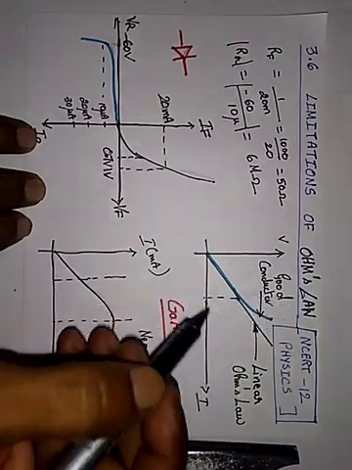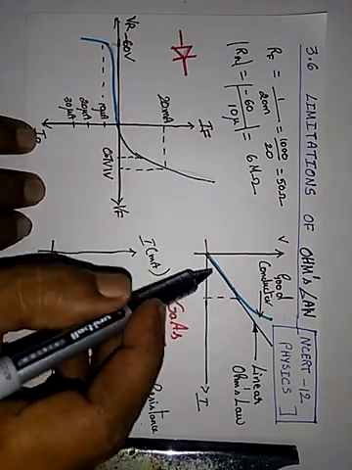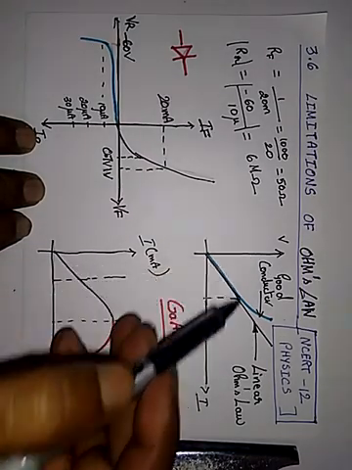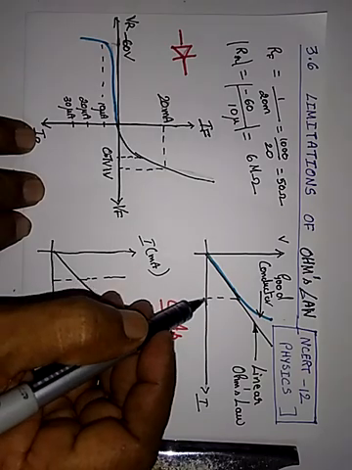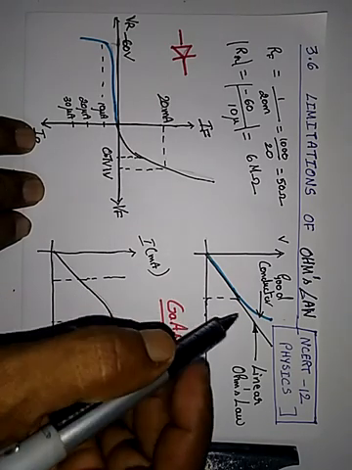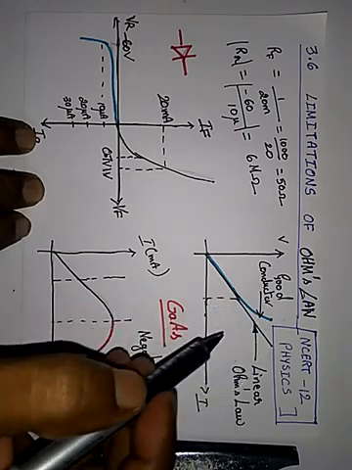But for good conductors, up to this point, it has a linear relationship between current and voltage. But when the current exceeds a particular limit, even the good conductor will deviate from the linear path.